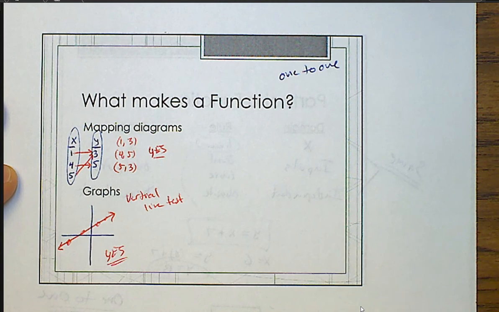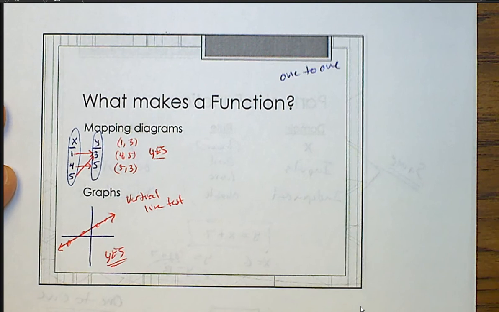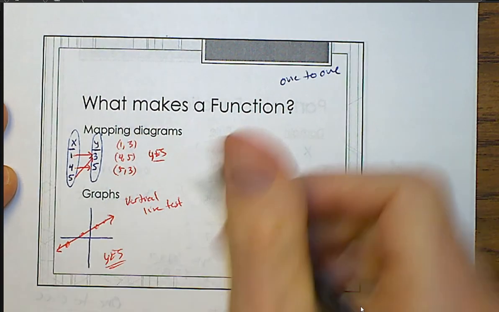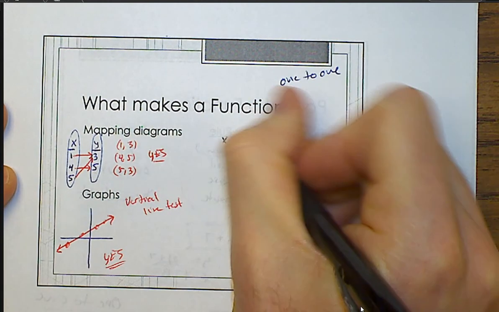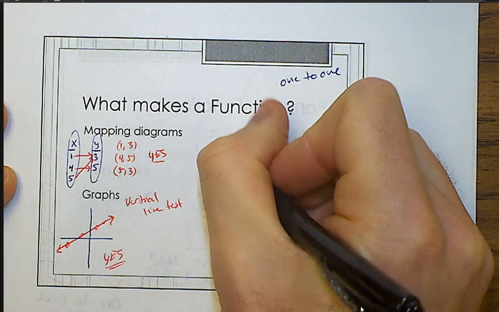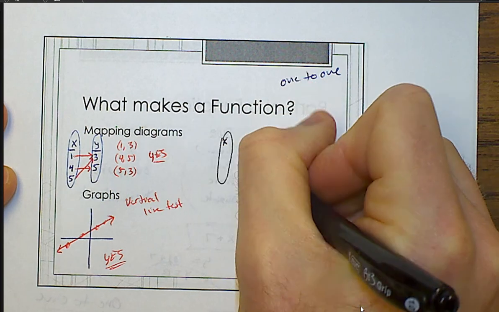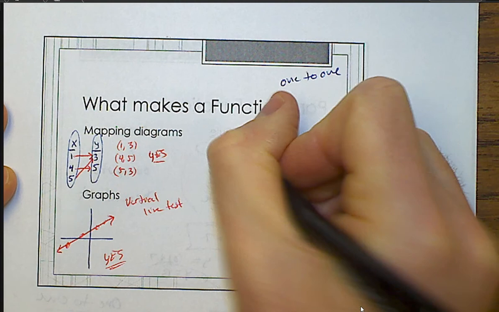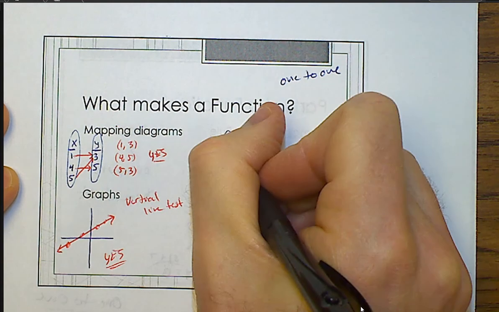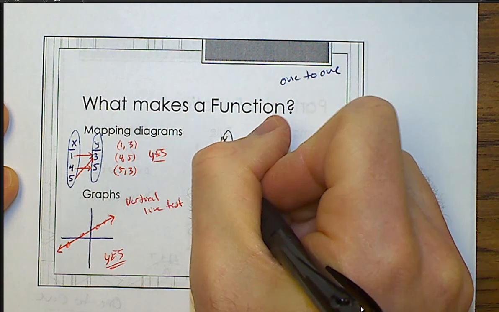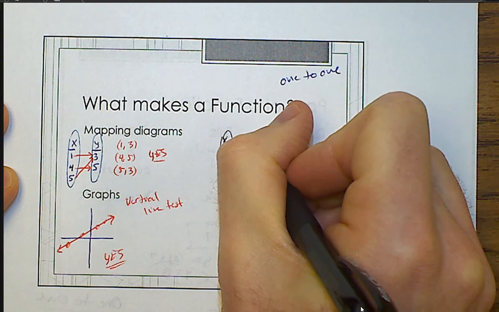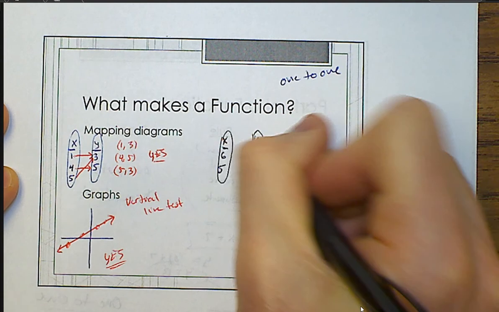So let me give you some examples of something that is not a function, with a mapping diagram. So x, y. Okay. And let's go 6 and 5, and I'll put a 4 and a 2 and a 3. Okay?